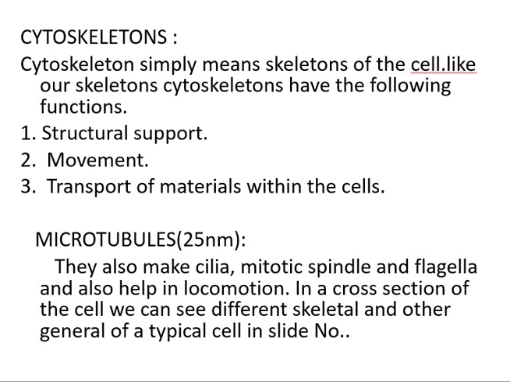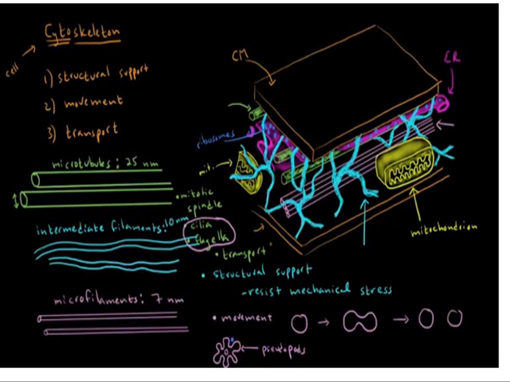In a cross section of the cell, we can see different skeletal and other general structures of a typical cell in slide number 13, slide number 20 of this lecture. Okay, students, you see the cytoskeletons, three types: microfilaments, intermediate filaments, and microtubules with their functions.